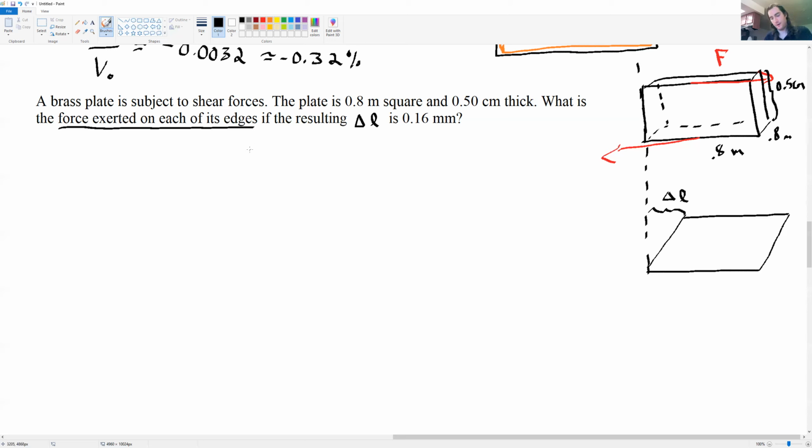I'll give you guys like 5 minutes to work on that. Just to remind you again, if we're dealing with shear modulus, which the book uses the letter G for, that's going to be shear stress over shear strain.